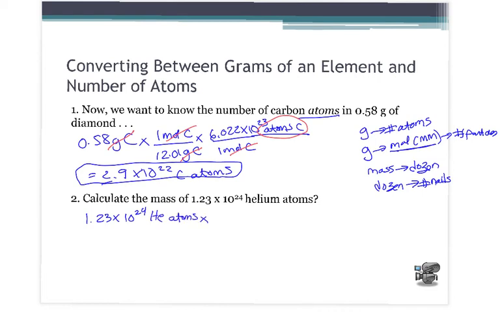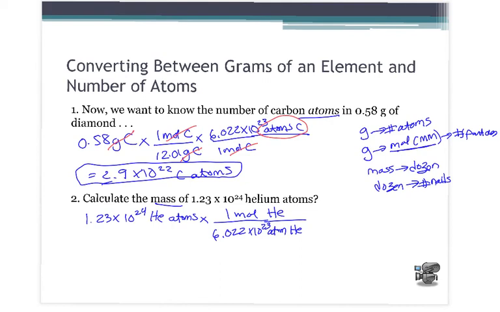Again, we don't have a direct conversion factor that will take us from the number of atoms to the mass, but we do have a conversion factor that will take us from the number of atoms to how many moles, or how many chemist dozen of atoms, and then we can take that to figure out the mass. So here we know there's always 6.022 times 10 to the 23rd atoms of helium for every 1 mole of helium. Okay, so now we don't want to stop at moles.